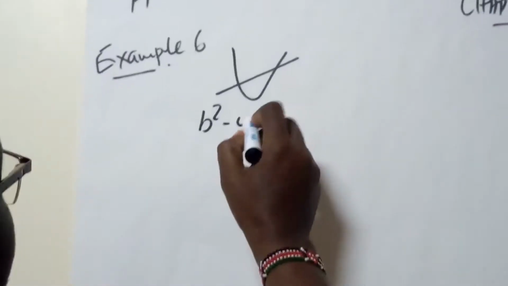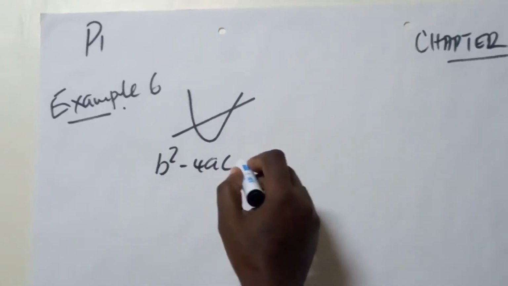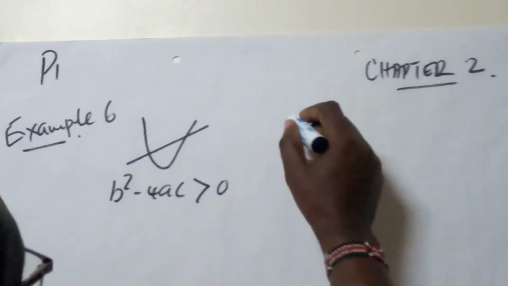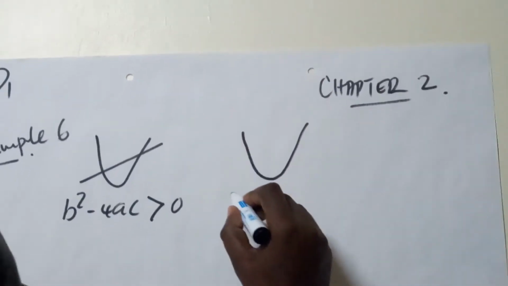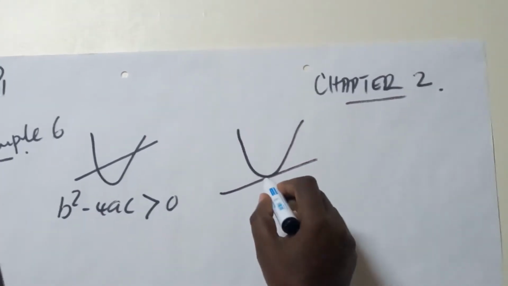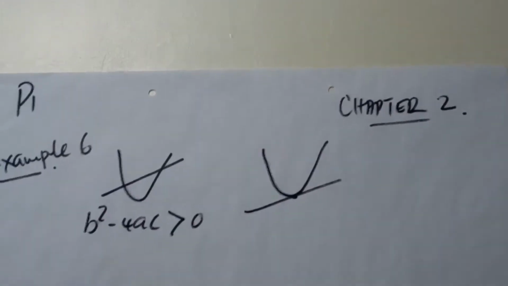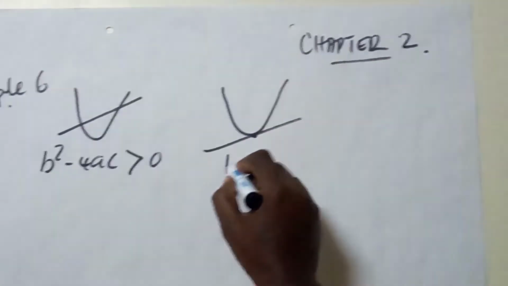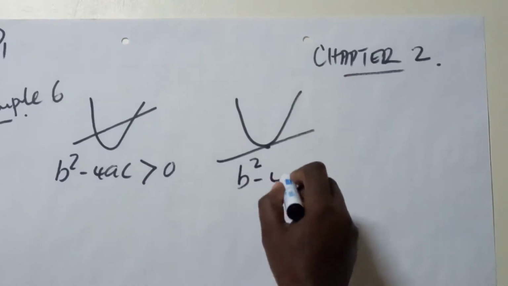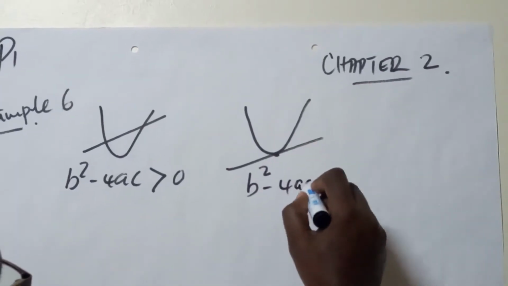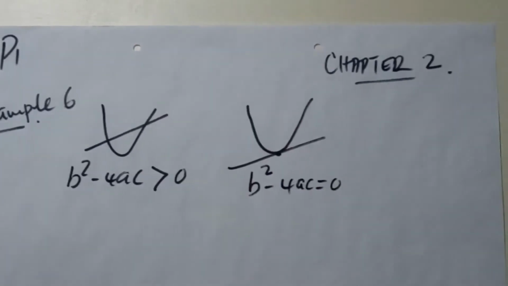b squared minus 4ac, which is the discriminant, is obviously greater than 0. You are likely to have a quadratic graph that touches a straight line at only one point. This is one repeated root, and this is a case of the discriminant b squared minus 4ac exactly equal to 0.